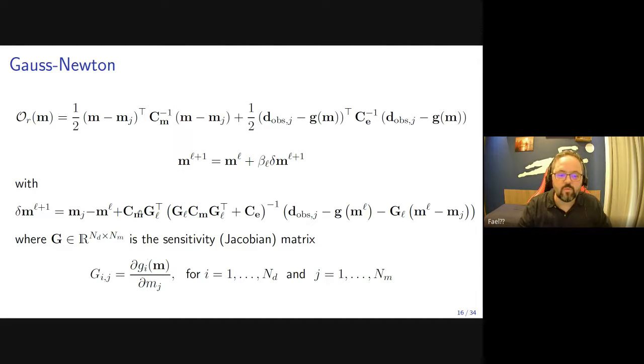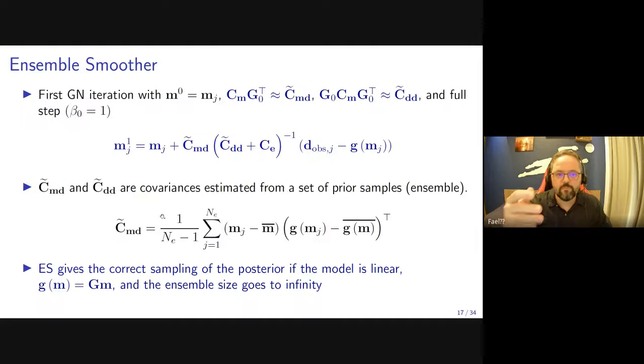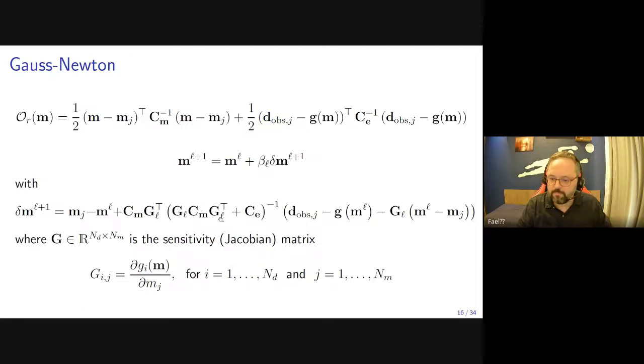And something else is what we call, finally, and that's what we use, the ensemble smoother. For introducing the ensemble smoother, I'm just going to look at Gauss-Newton again and do just one iteration, the very first iteration. In the very first iteration, M0 is equal to my first guess, so this term vanishes.